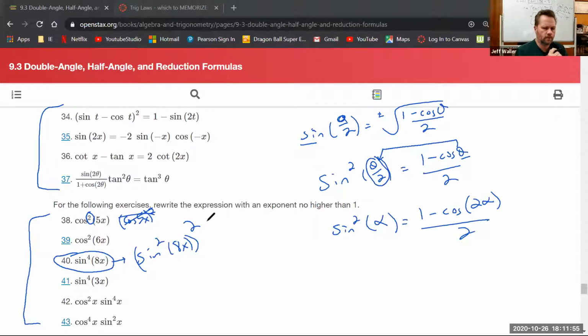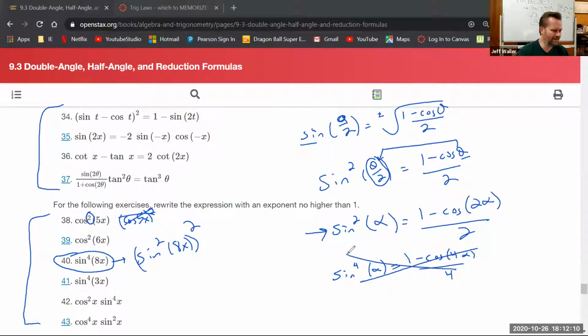The big mistake I see is somebody says, well, if this is true, then this must be true, and they just put a 4 everywhere they see a 2. No, right? That is not the intent of the form of this. It's the input that's important.